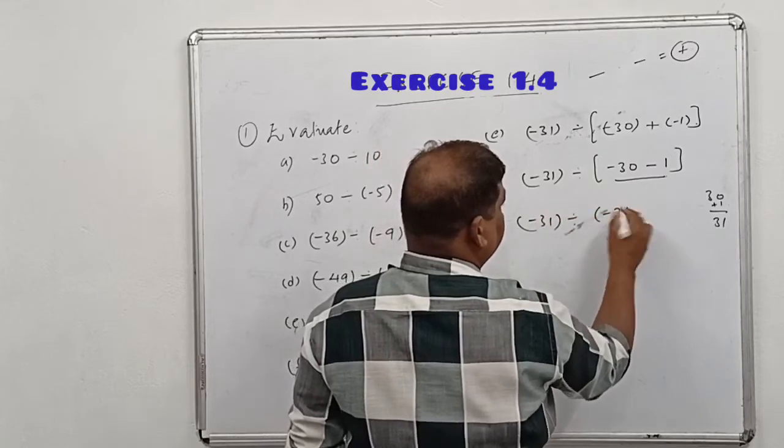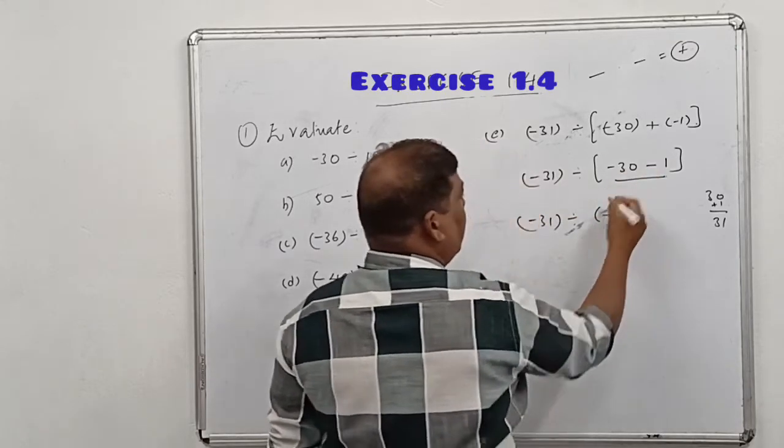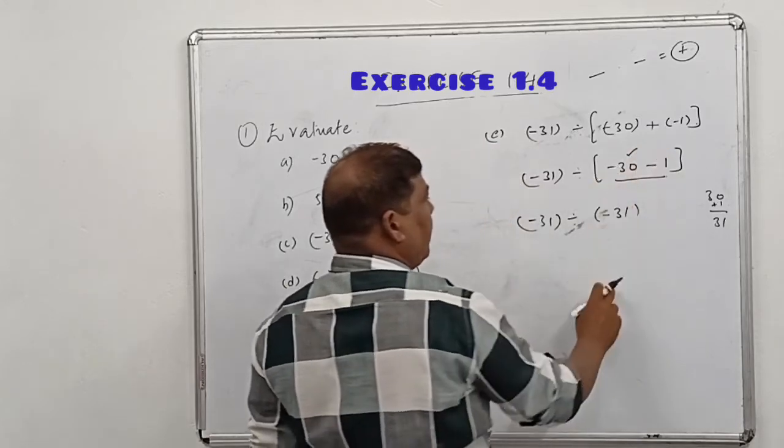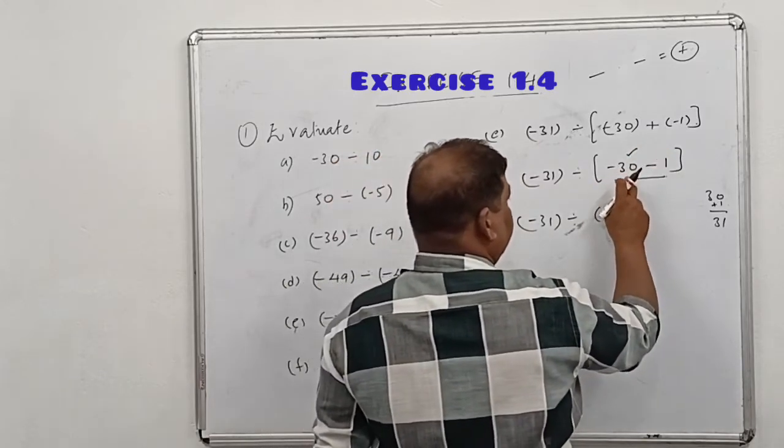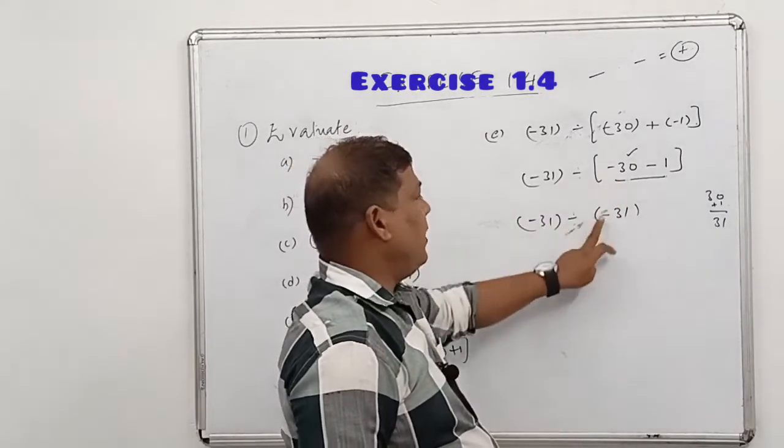Then you put the negative sign here, because 30 is the greater value and in front of 30 is the minus sign, so you carry the minus sign.